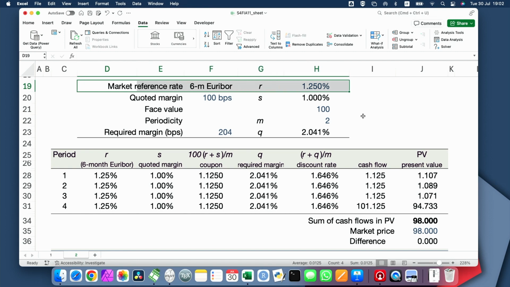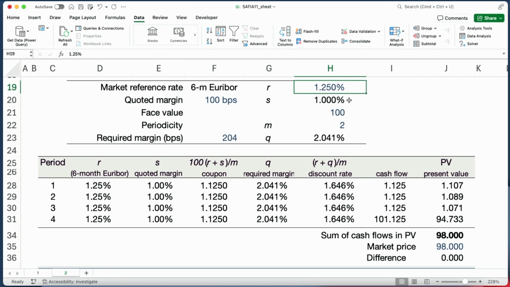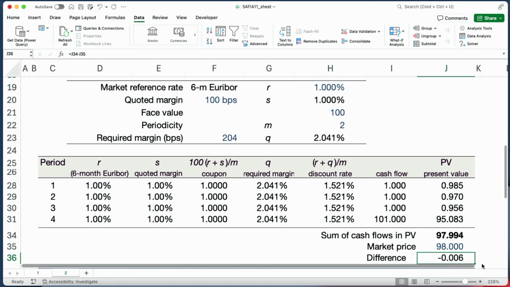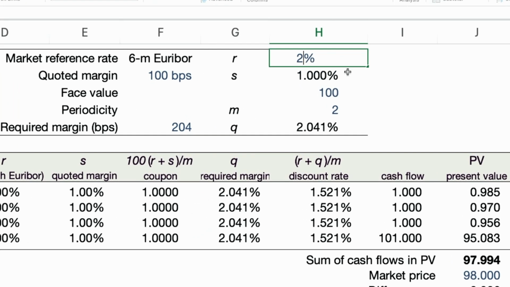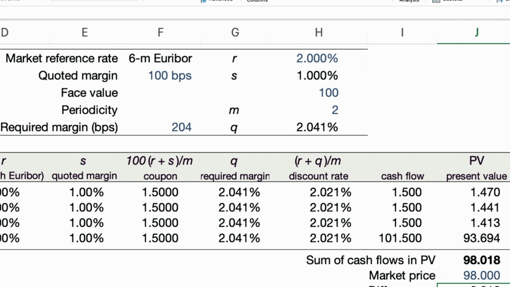Before wrapping up this lesson, I would like you to notice that if we go back to our first example, when we used Excel Solver, if we assume the market reference rate changes, as I'm demonstrating now, I can change this rate as much as I want, more or less. But the sum of the cash flows in present value changes little, if any. This is one of the important features we mentioned at the beginning of this lesson.